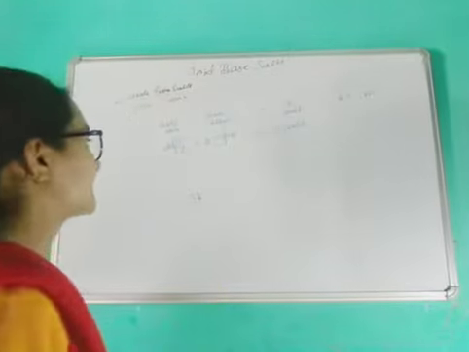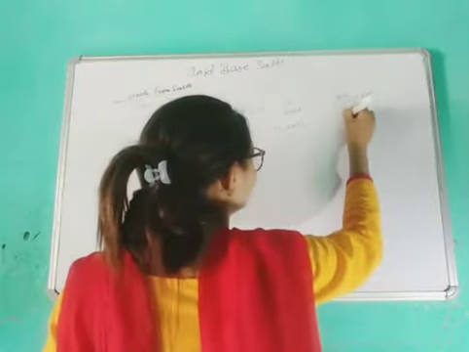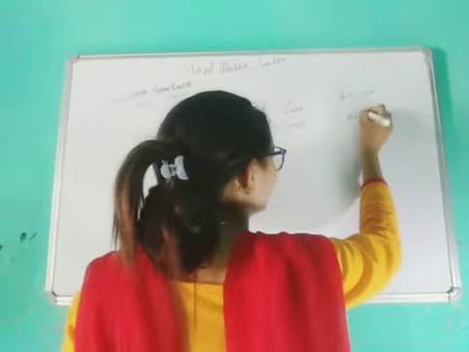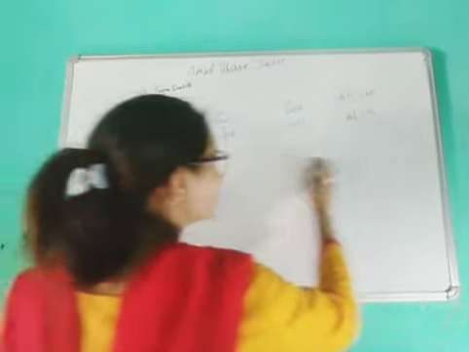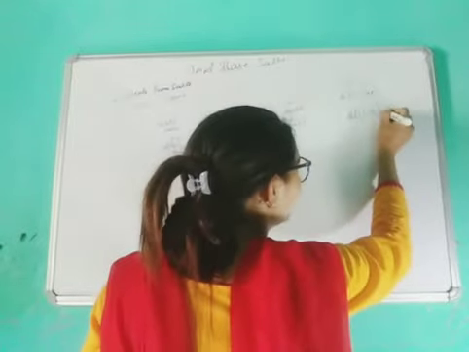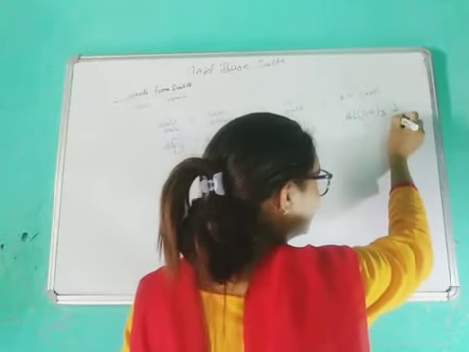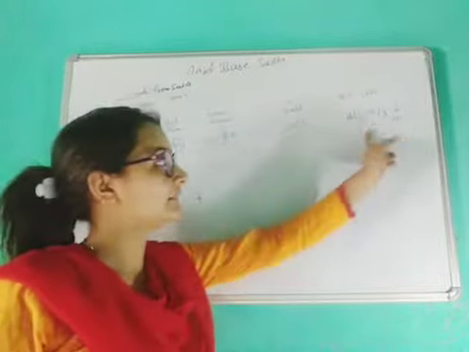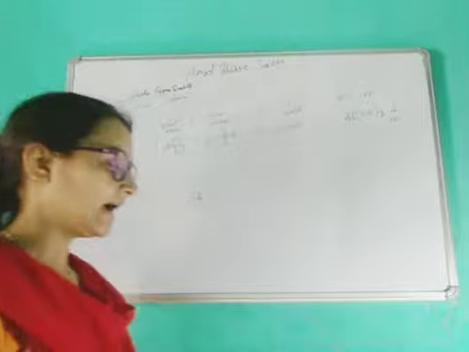Now what is left? Left is aluminium and this OH. And you know OH are 3 in number, so it will form Al(OH)3, and it will form in the form of precipitate. Okay, you will get precipitate of aluminium hydroxide. This is a basic hydroxide.